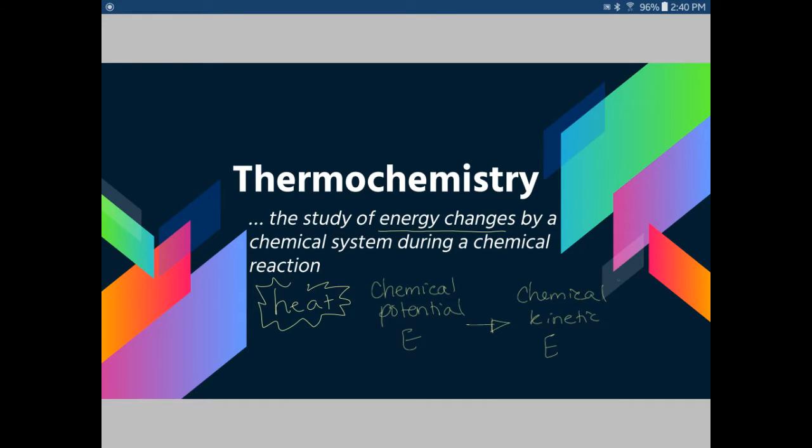Now, essentially, this chemical kinetic energy is just atomic or molecular kinetic energy. It's the movement of those atoms or molecules, whatever we might be looking at as an example, and our chemical potential energy as bonds is potential energy or a stored energy.